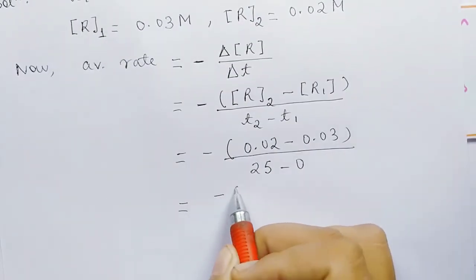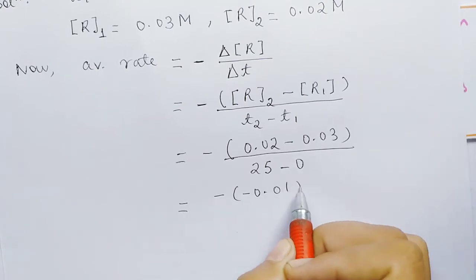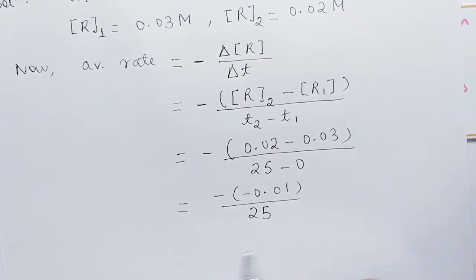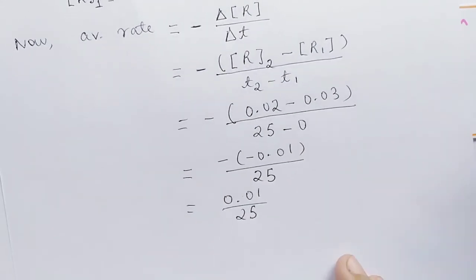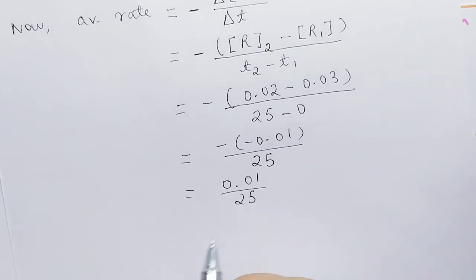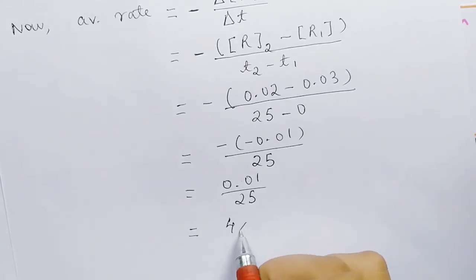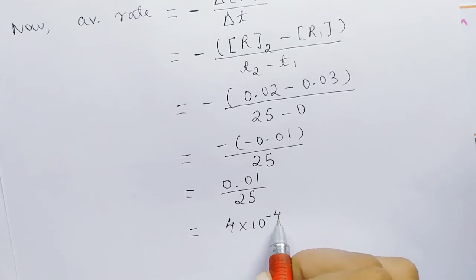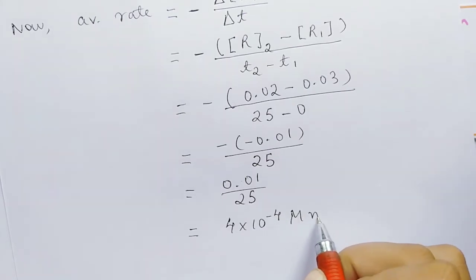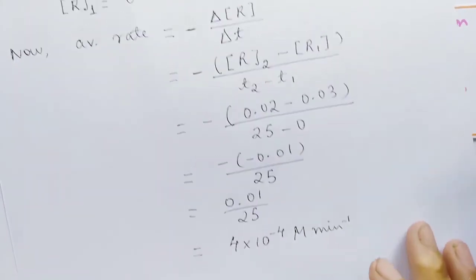And from here we have minus 0.01 by 25. So this is a positive quantity. When 0.01 is divided by 25, we get 4 into 10 to the power minus 4, and the unit is molar minute inverse.